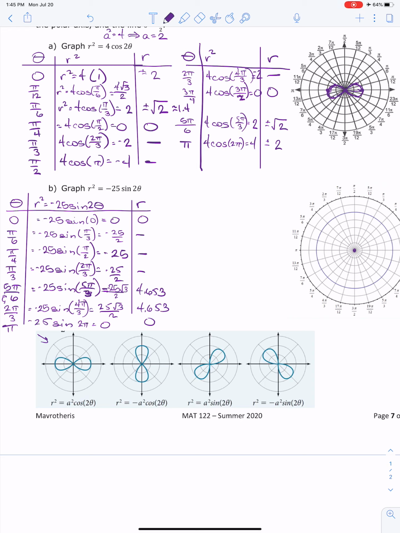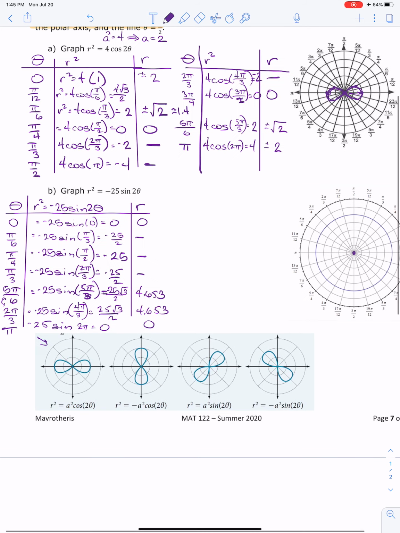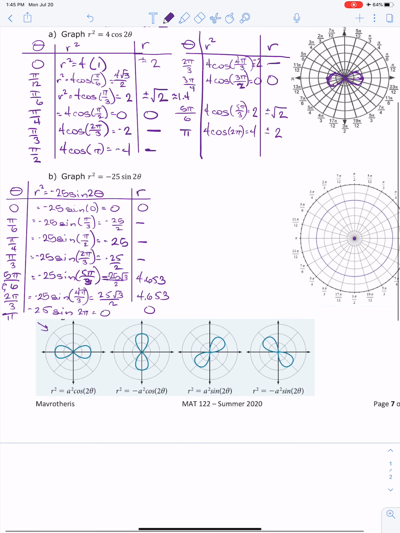If theta is pi over 2, it's the sine of pi, which is 0. So awesome. Back at 0. Okay, so let's go 2 pi over 3. 1, 2, 3, 4.6. And then at 5 pi over 6, I'm at the same place, 4.653. So I kind of want to see what's happening in between them.